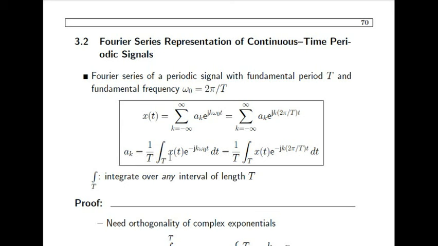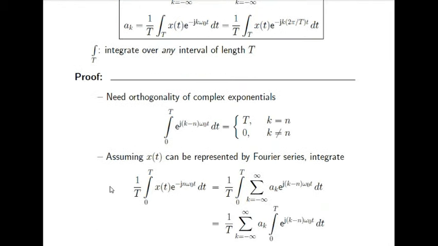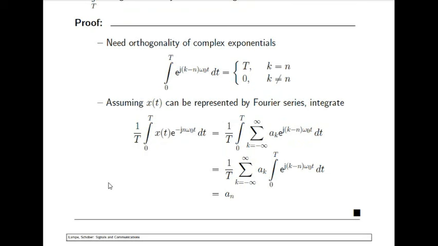Okay, T is the fundamental period, you all know that. And these complex exponentials related in this Fourier series are conjugates of each other. So now let's see the proof of this. We need orthogonality to prove this.